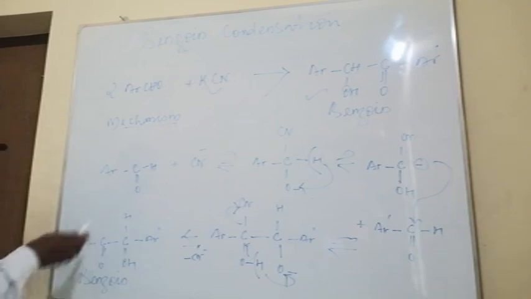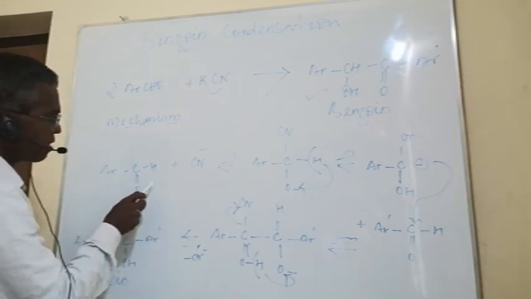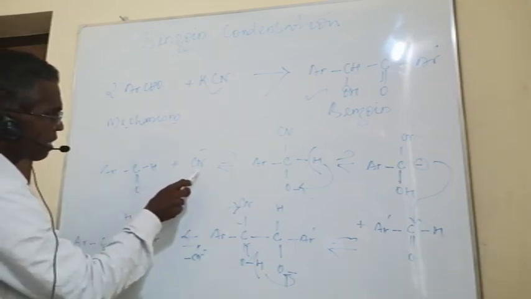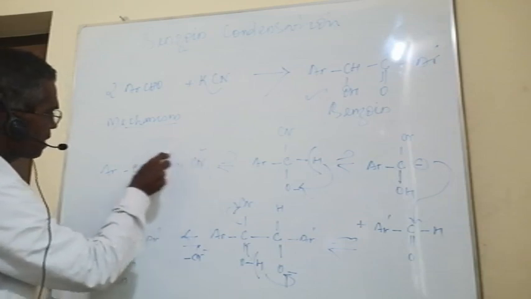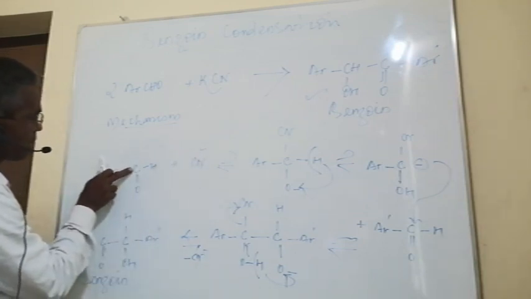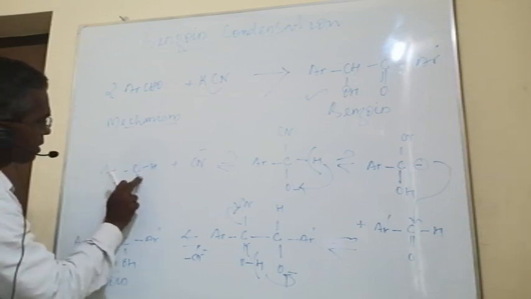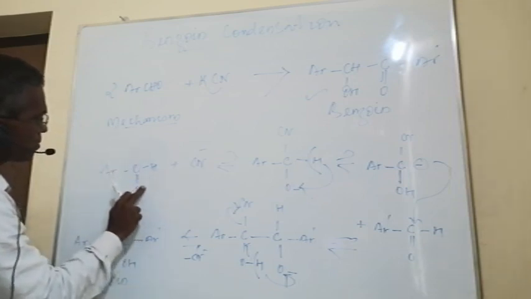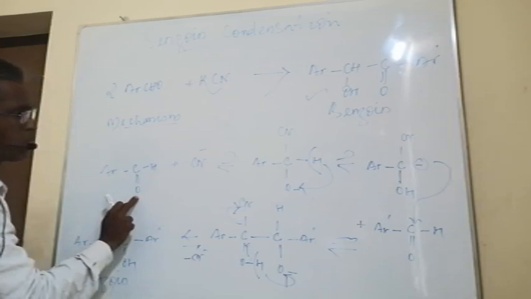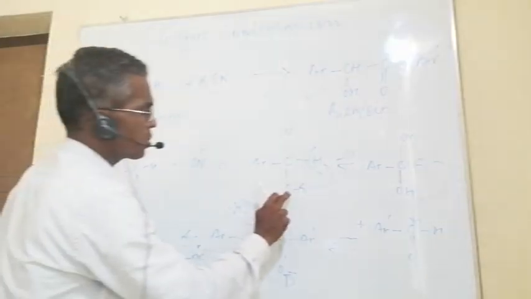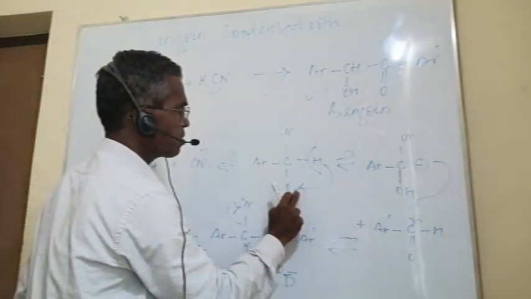We are taking the first step: aromatic aldehyde treated with cyanide. The CN minus will add to the carbon of the C double bond O. When it approaches the carbon, the pi bond of the C double bond O moves over, changing the O into O minus.